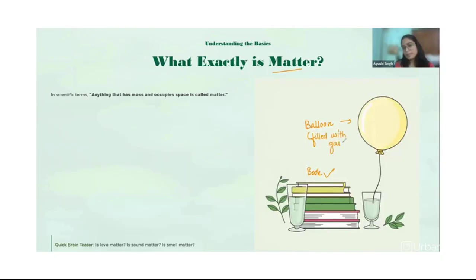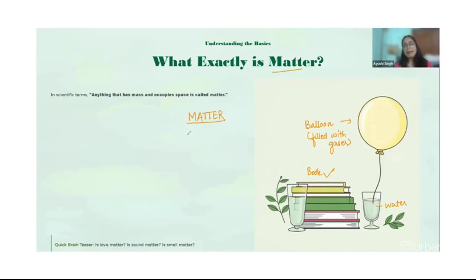Then we see water, oil and a bunch of things, trees, animals, right? So if I say everything which you are seeing in this world is made up of nothing but matter.